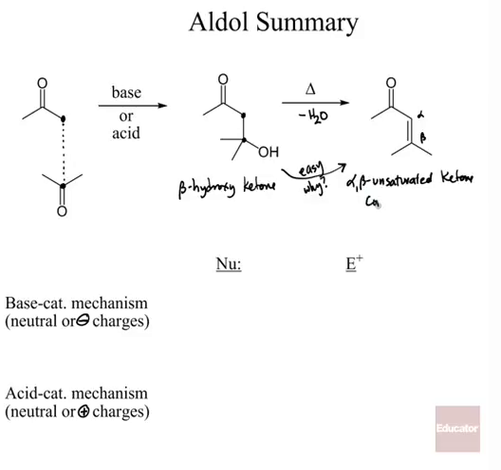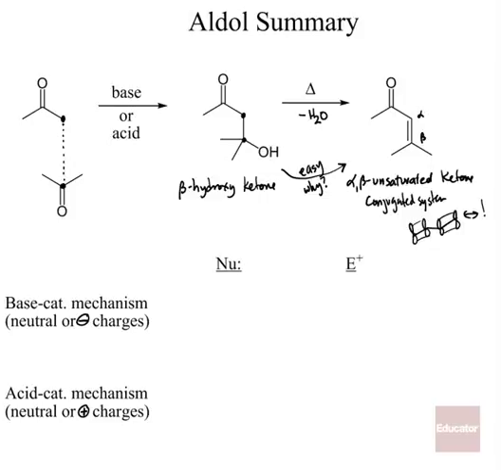This is a conjugated system, and that conjugation, when you have a double bond right next to another double bond, means you have resonance, and it's a very stable structure. So that's why aldol products are very likely to lose water and go to an alpha beta unsaturated carbonyl.